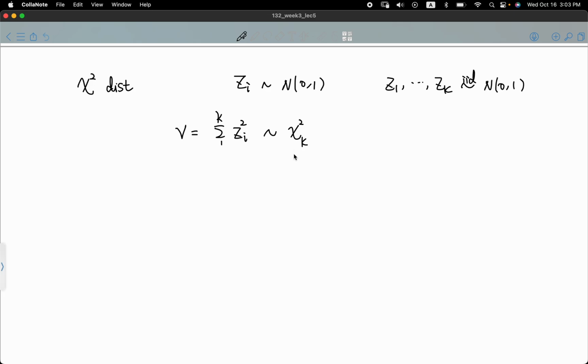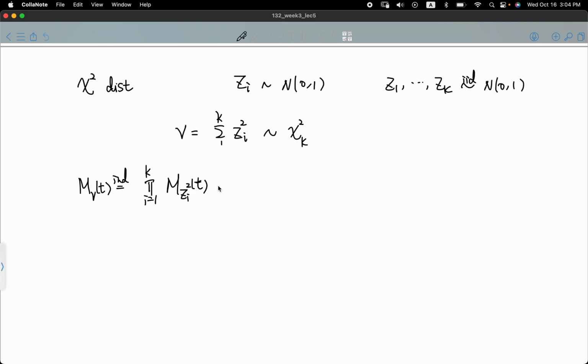Okay, so we are going to verify this by using the moment generating function. So let's derive the moment generating function for this new random variable V. Because this is a sum and they are independent, this is equal to the product from 1 to k of the moment generating function for Zi squared, again a function of t.